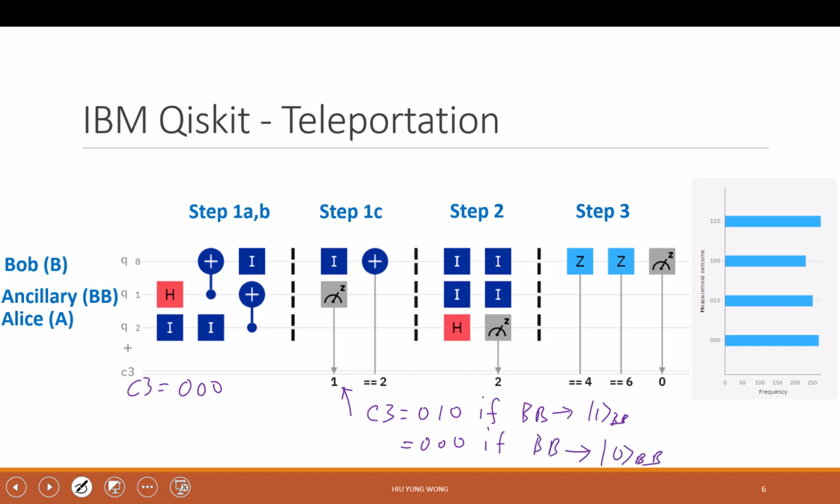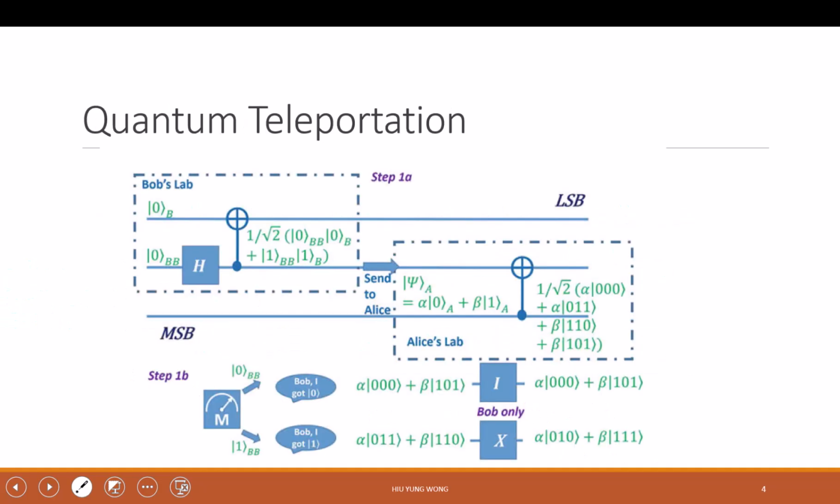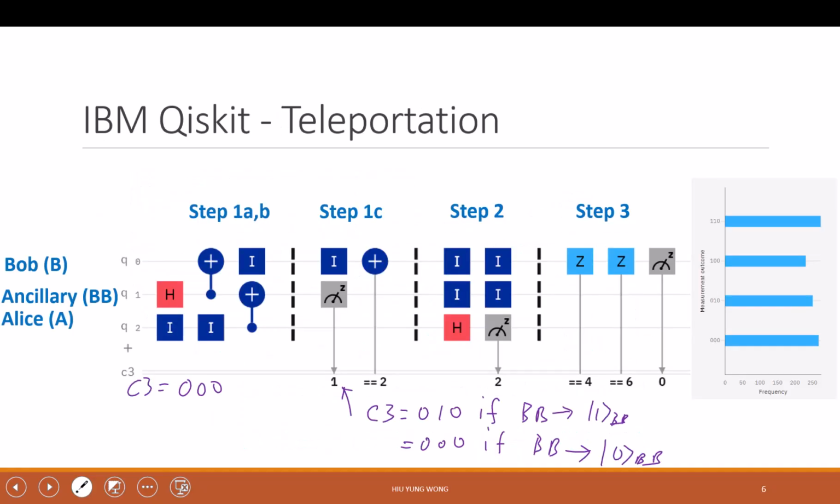Make sense? And that's why we have this case after you say that if C3 equals 2, which is 0, 1, 0, apply NOT gate to Bob's qubit. If it's equal to 0, 0, 0, don't do anything. And that is exactly what we have here. If you get 0, apply identity gate. If you get 1, apply X gate to Bob's qubit. Okay, so this implements the first step of the quantum teleportation for entanglement.